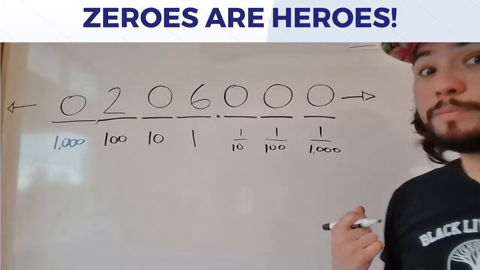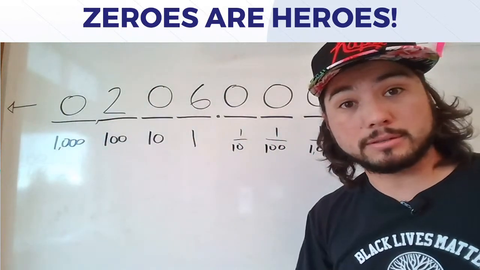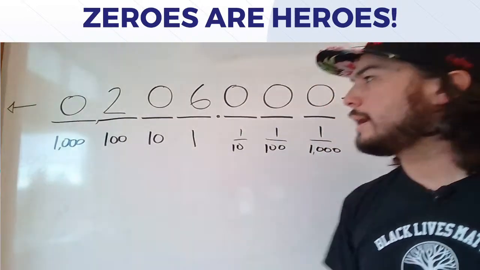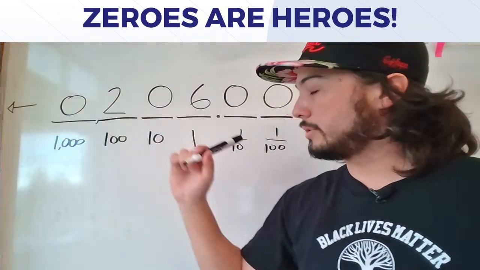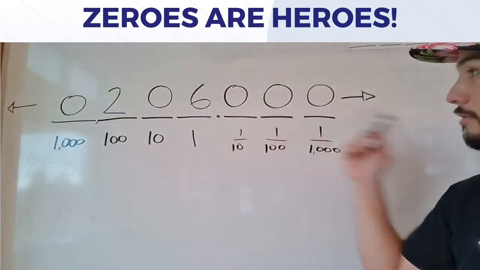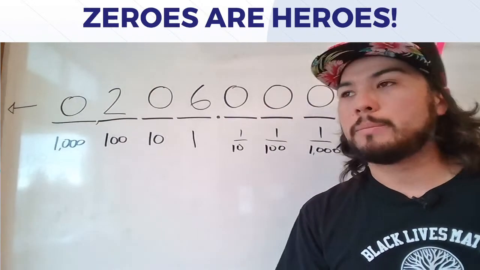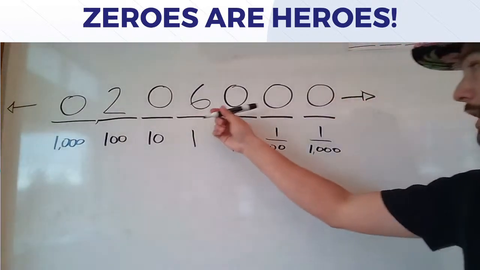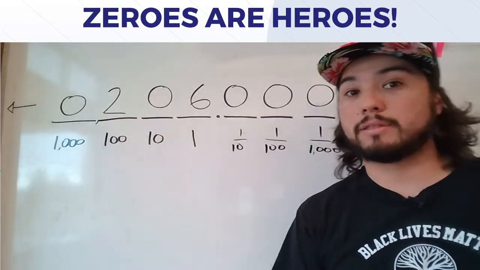Now, it would be a little tedious to write an infinite number of zeros in both directions for every single number we're trying to show, right? And because there isn't anything larger than the hundreds, there isn't anything smaller than the ones, this is why we don't have to write those zeros, because they're not holding a place for anything, because we don't have any value in any of those places to the right or to the left.